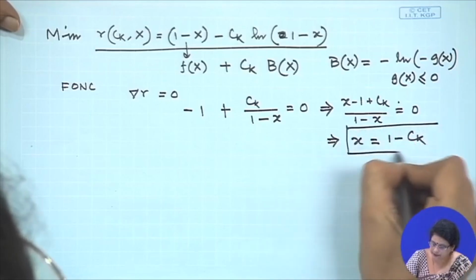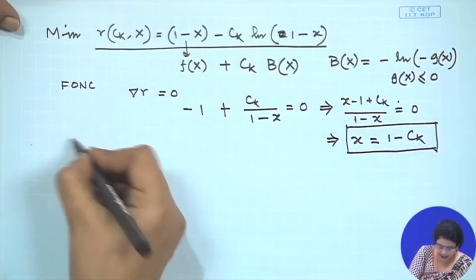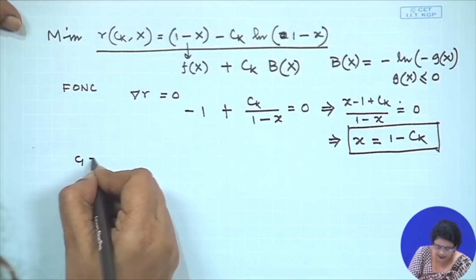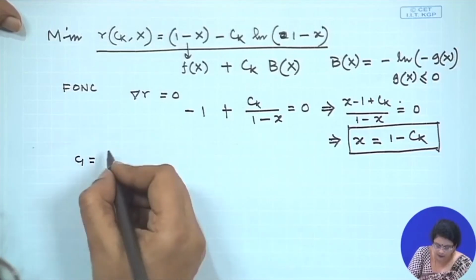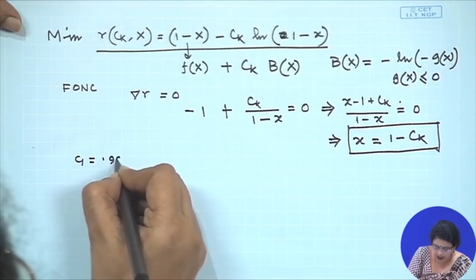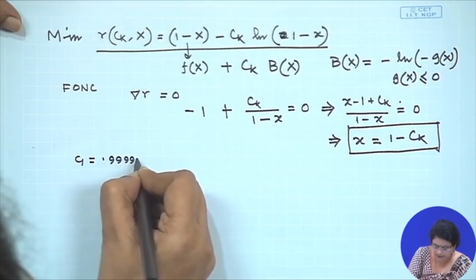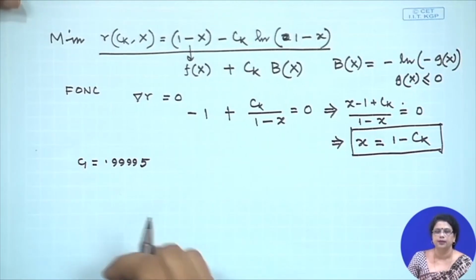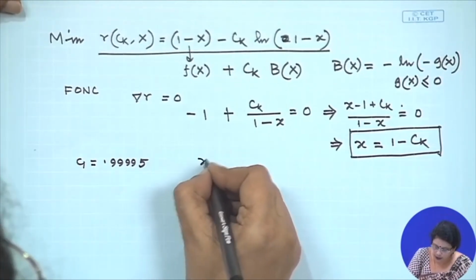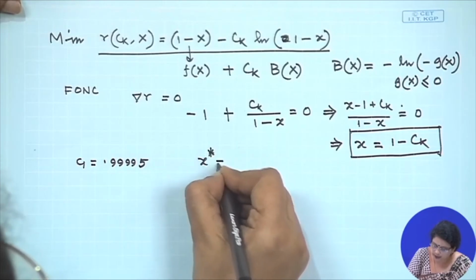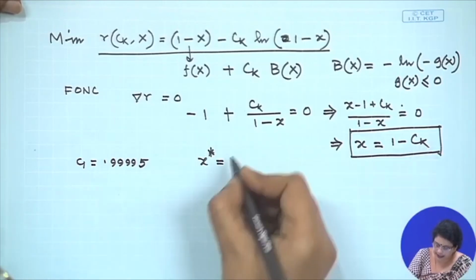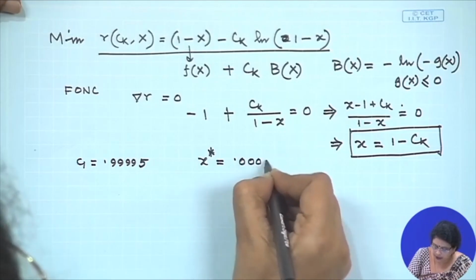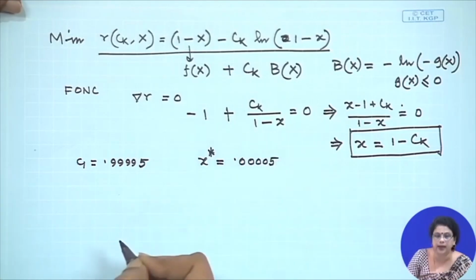Clear? That is why let me consider first k is equal to 1. Let us consider c_1 is equal to some very high value, we will start with 0.9995. Okay. Then what will be the corresponding optimal solution for this? x star must be 1 minus c_k, that is why the x star value will be 0.0005. Okay.